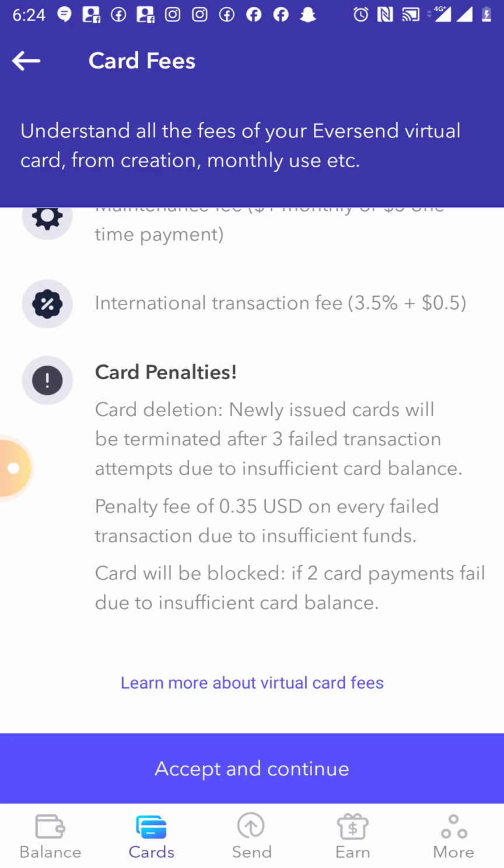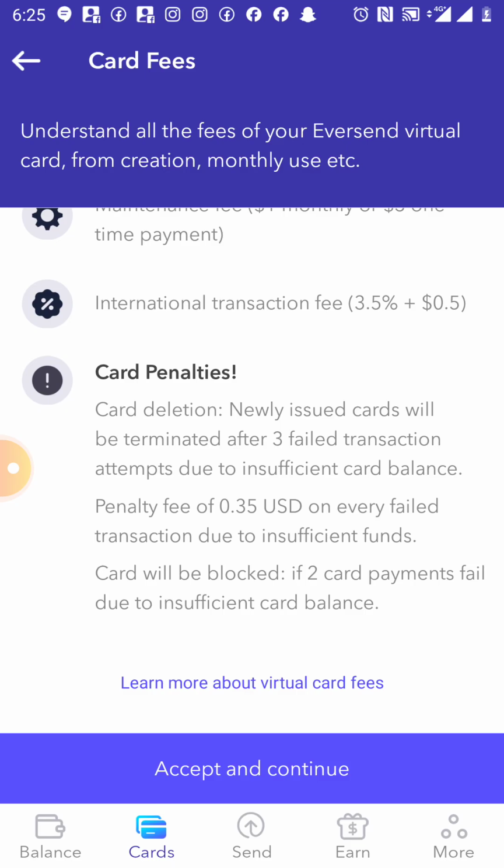Then there is a penalty fee of $0.35 on every failed transaction due to insufficient funds. But again, if you exceed 3 times, your card is cancelled. The card will be blocked if 2 card payments fail due to insufficient card balance. That is what I'm already talking about.